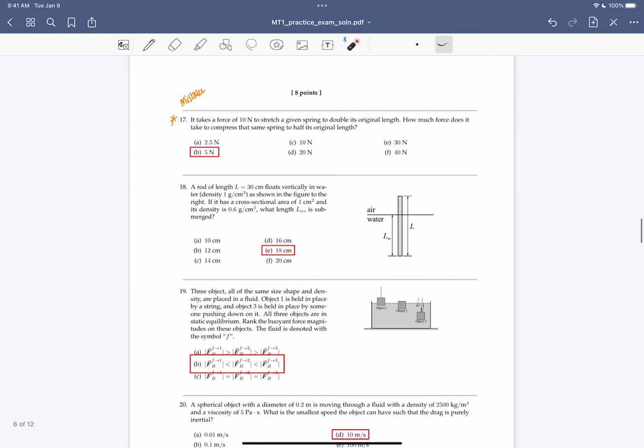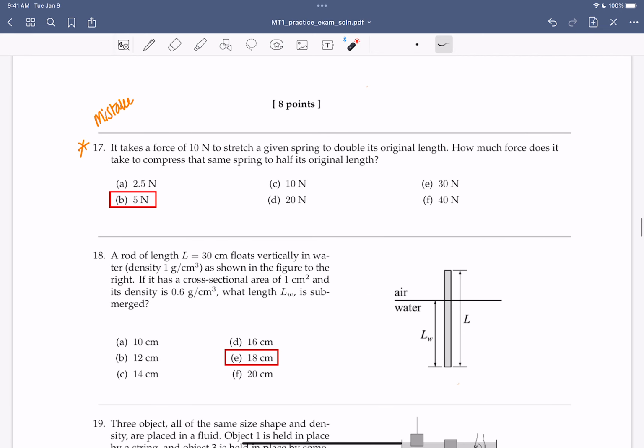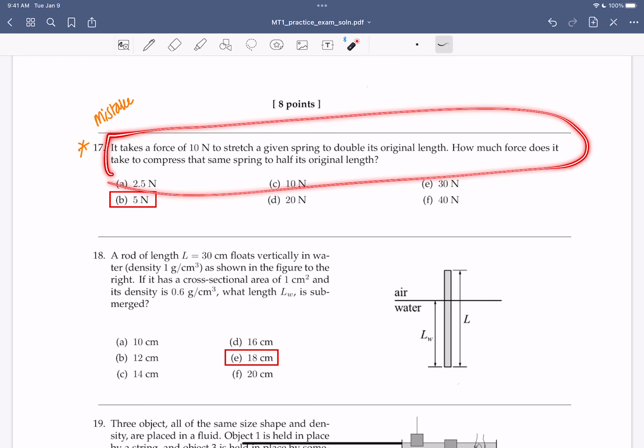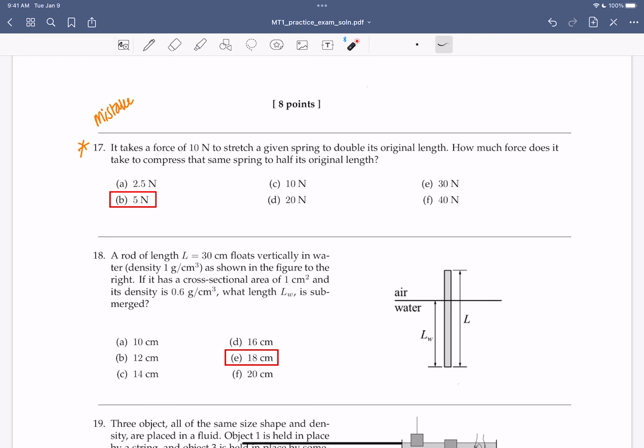Cool. All right. Now, 17, fairly certain this is a mistake as well. I don't know if they corrected it on your guys' version of your document. I mean, I hope so, but do you see anything different here? Any additional information given for 17?